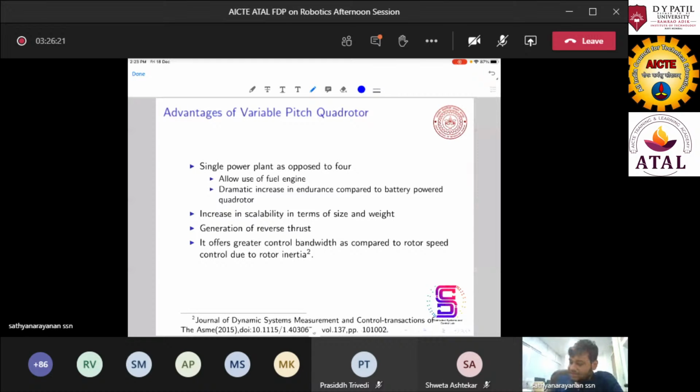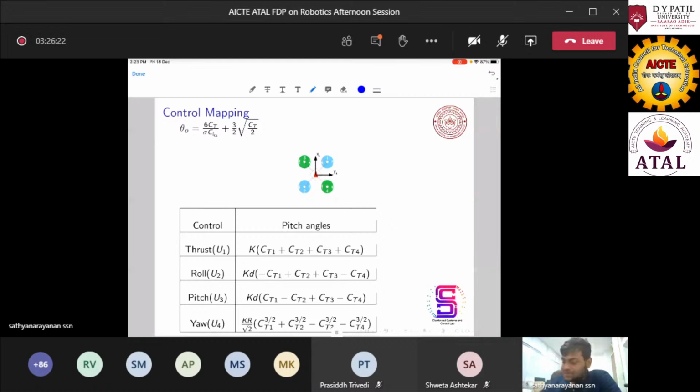Let's go into the control mapping. You can see that it is almost the same as the conventional one. The thrust generated by each rotor is directly proportional to the pitch angle.